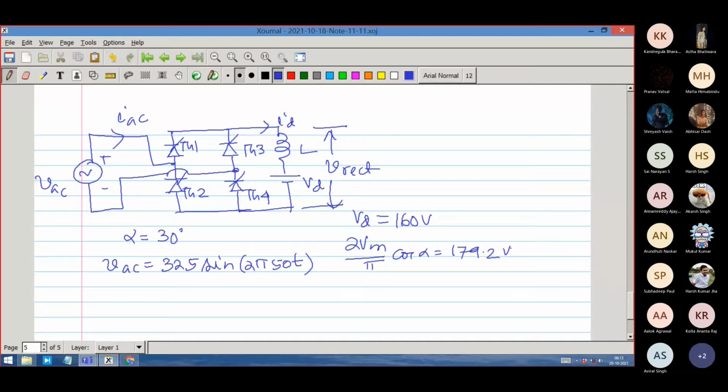What is likely to happen? The DC voltage on the side is 160 volts, and you have fired the thyristor at 30 degree. What will you observe?